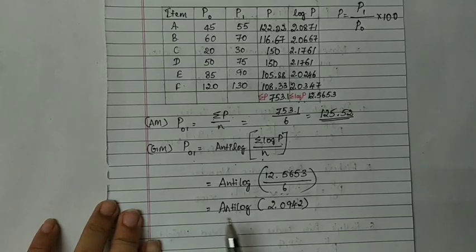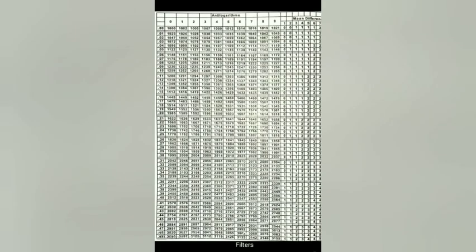So now let us see how to find the antilog of 2.0942. You all know that 2 is the number before the point, so plus 1, that is 3. Keep that in mind.